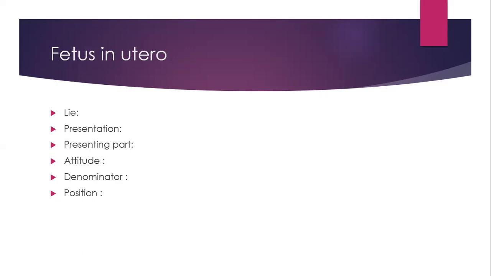Which is the bone? For example, in a simpler way, the bone of the baby which is coming in relation with the maternal pelvis. So which is the fixed bony part of the presenting part that comes in relationship with the maternal pelvis.